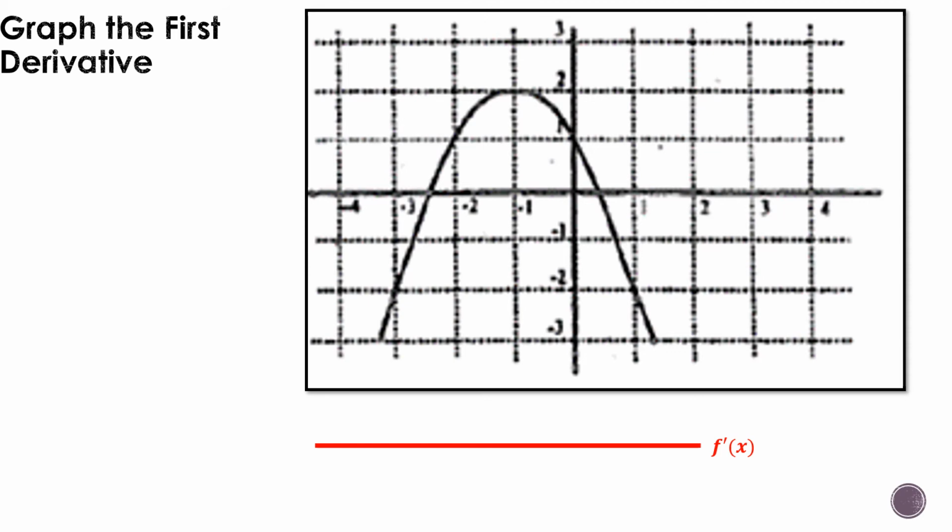So if I trace this graph from left to right, I start here and I'm increasing all the way until I get to x is -1. And -1 is a maximum because then it changes to decreasing.